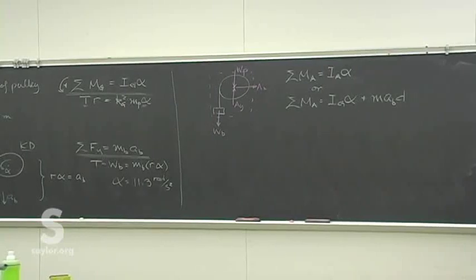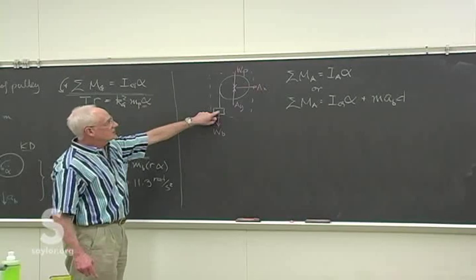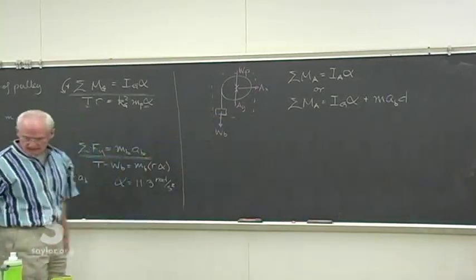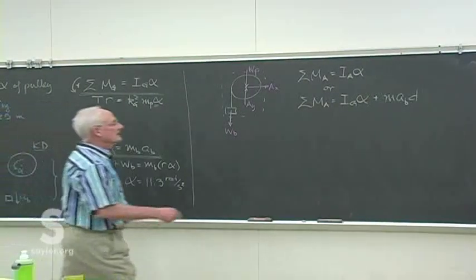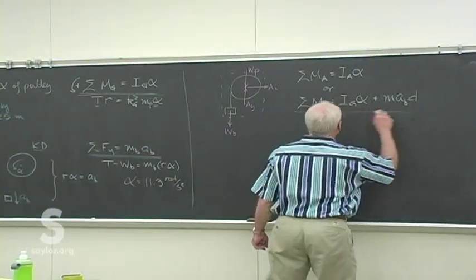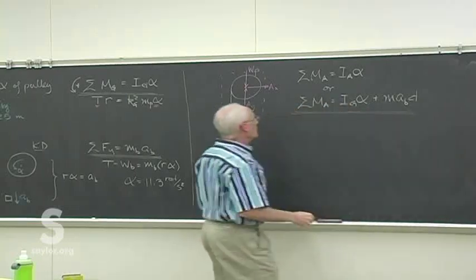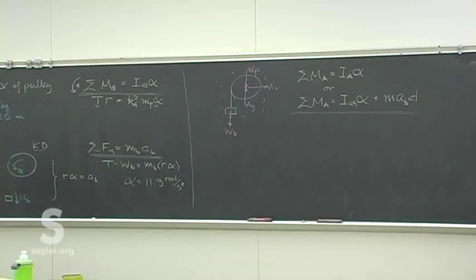We don't know the moment of inertia of that whole system with respect to point A because the block itself changes that. But we can split that out as a separate part then. And now we don't need to know the tension, nor do we need to know the reaction forces.